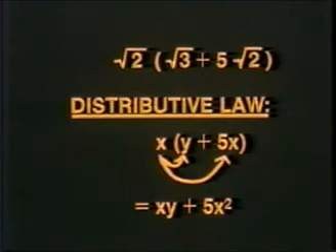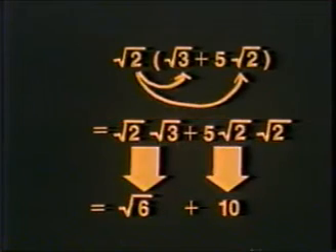If you think it looks a little bit familiar, you're right. It looks just like the distributive law for algebra. And it is. And we handle it in the same way, multiplying the parts separately and doing whatever we can to simplify at the end.